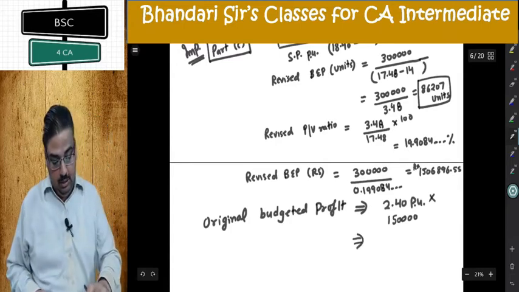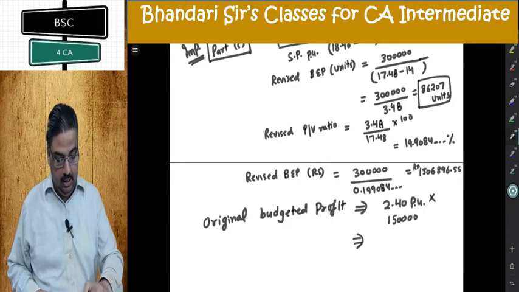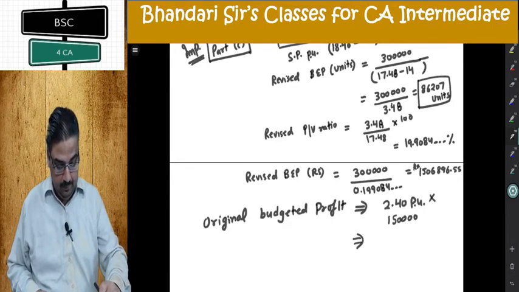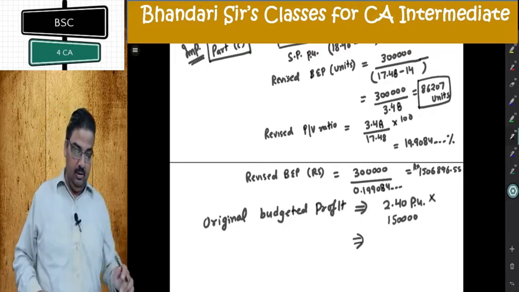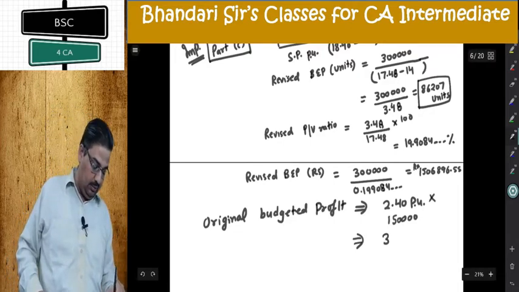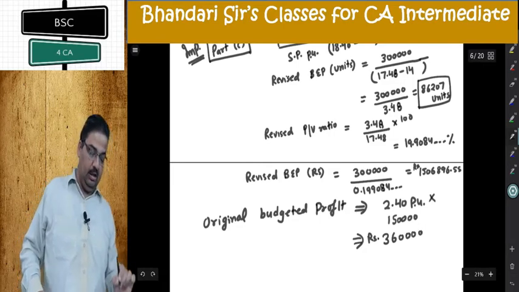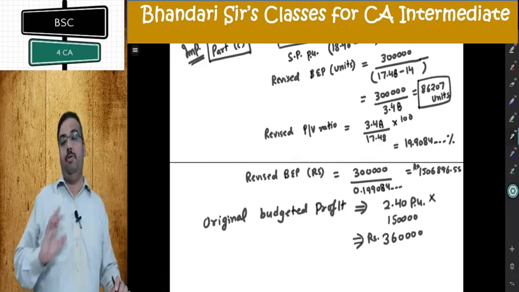So once you multiply 2.40 into 1,50,000, I am getting 3,60,000. Rupees 3,60,000 was the original budgeted profit.